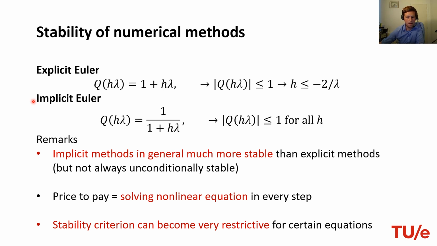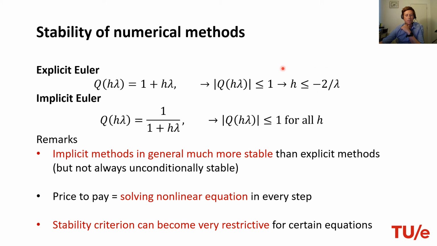Also important to note here is that this stability criterion, let's look at this one for explicit Euler, specifically for the test equation, can become very restrictive for certain equations. Here for this test equation, let's say lambda was a very, very large negative number, minus 1 million or so.